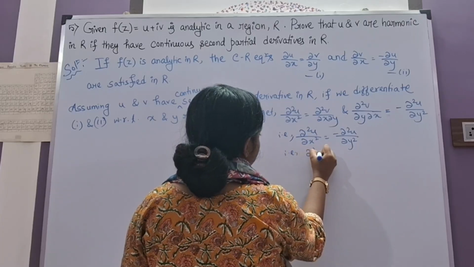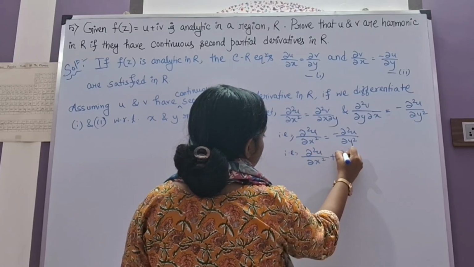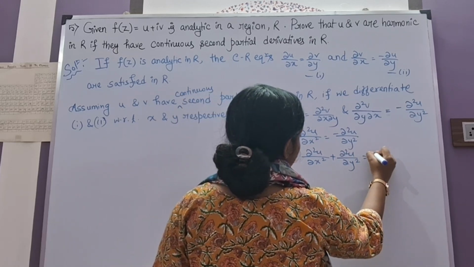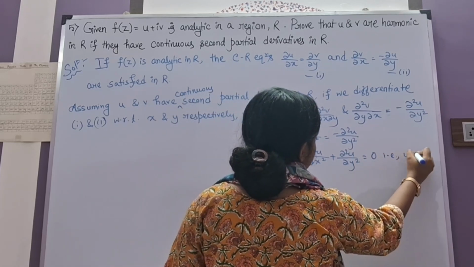That is del 2u del x2 plus del 2u del y2 equals 0.